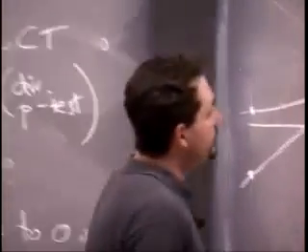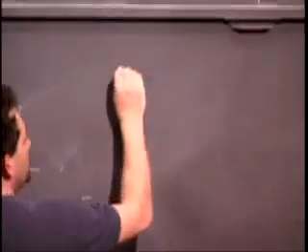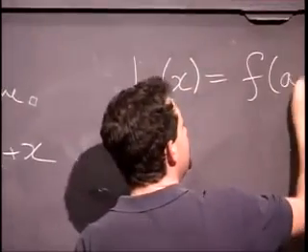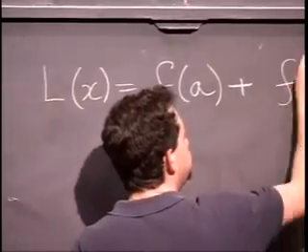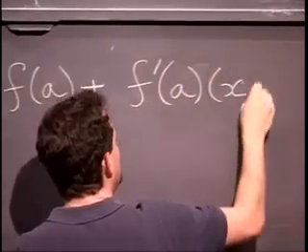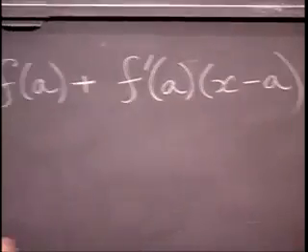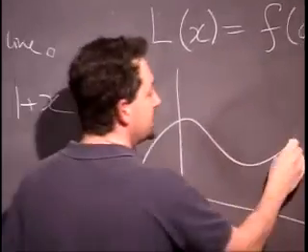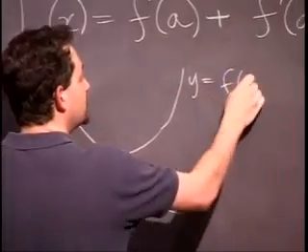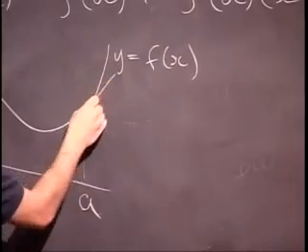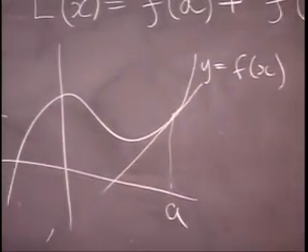What was the general formula for linearization? Well, you may recall that we wrote L of x, in general, is f of a plus f prime a times x minus a. That hopefully rings a bell. Remember, this is the more general case where you have some old function like this, y equals f of x, and you pick a point A, and this line, that's the equation of the tangent line.